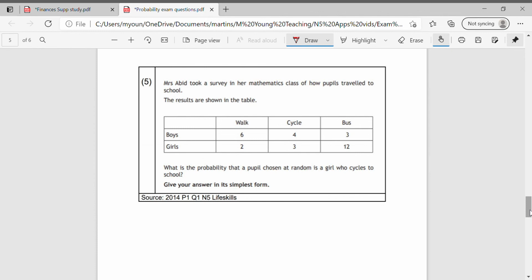Alright, so what is the probability that a pupil chosen at random is a girl who cycles to school? So we're interested in, remember, probability, and this is, okay, just girl cycles, and it's favourable over the total number of possibilities.